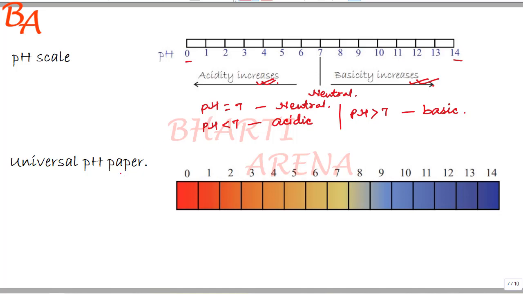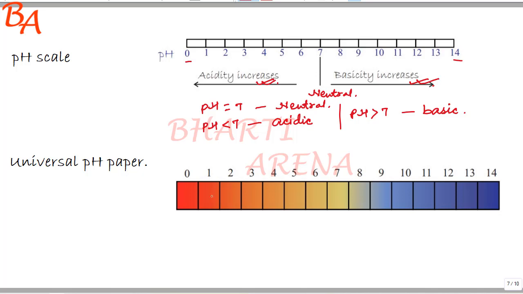Universal pH paper. It is a mixture of number of indicators. It shows a specific color at a given pH. Like if the color is this one, then its pH would be 3, and if the color matches like this one, then the pH of the solution would be 12.